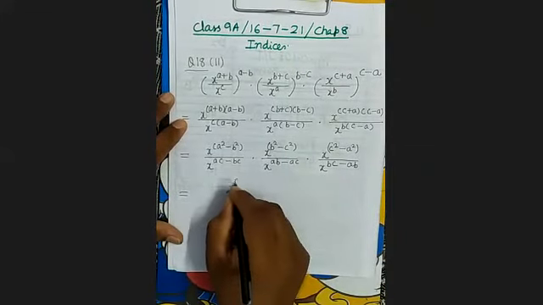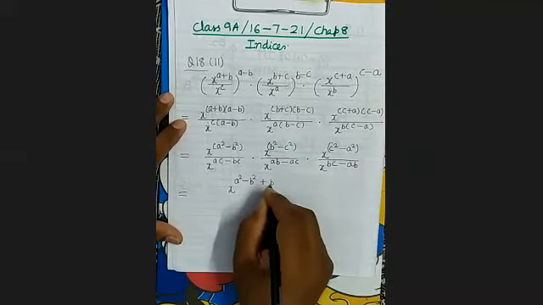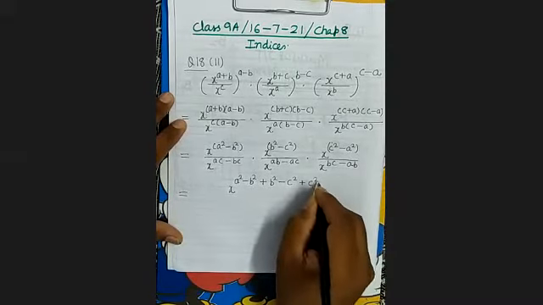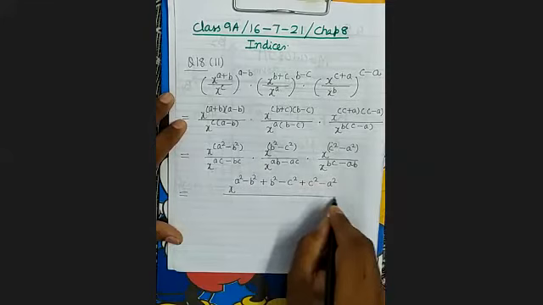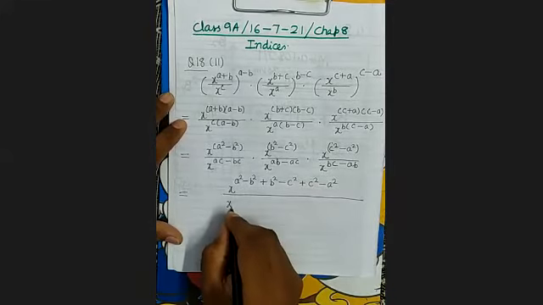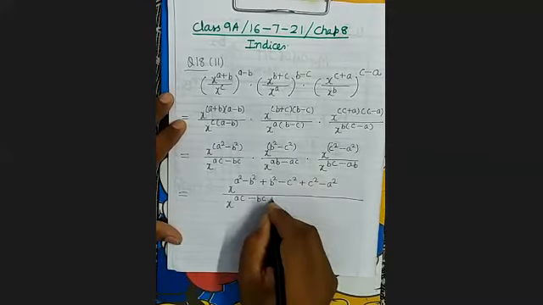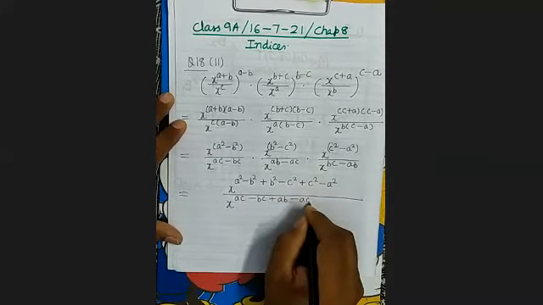So x to the power a square minus b square, b square minus c square, plus c square minus a square. In the denominator it will be x to the power ac minus bc, ab minus ac and bc minus ab.